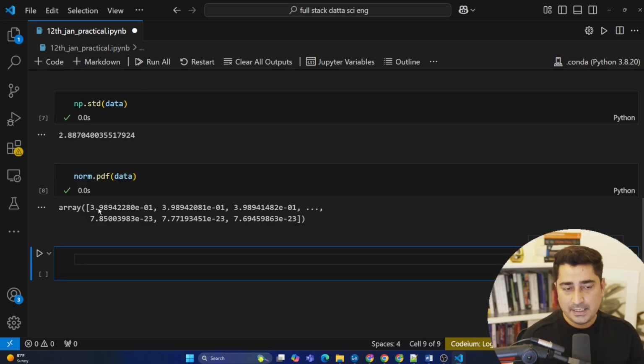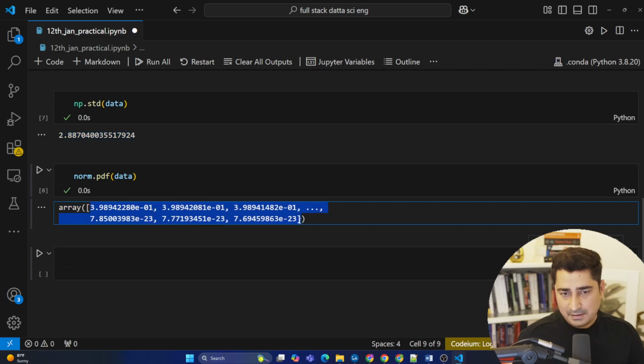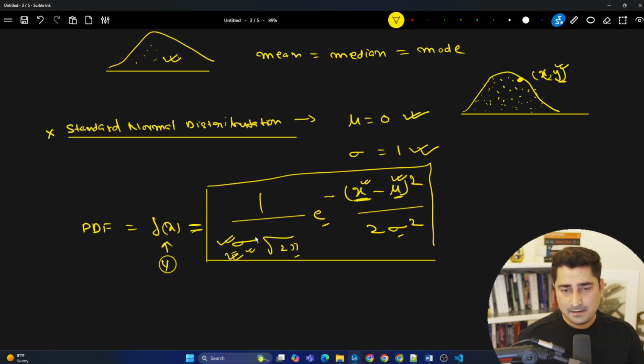For every data point, we have 10,000 data points, based on this formula where it passes x and the rest, it is calculating a final value of y. So x we already have from the data set, and the y coordinate we are trying to find out.